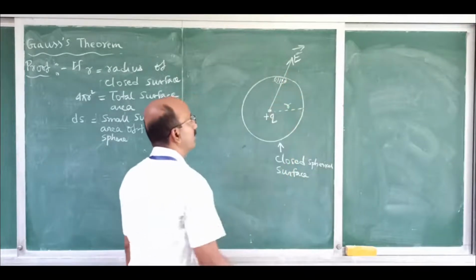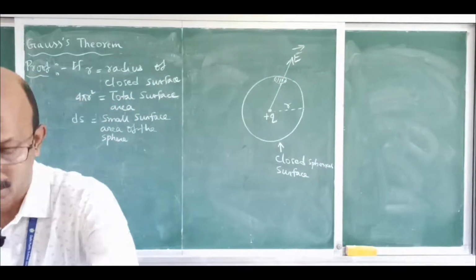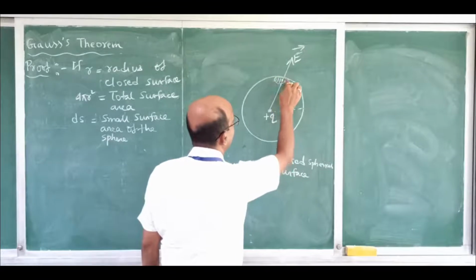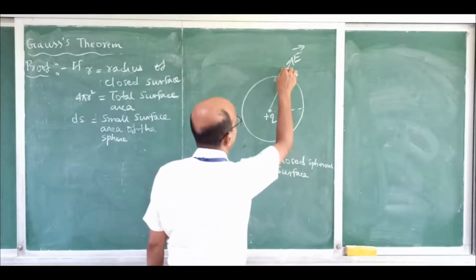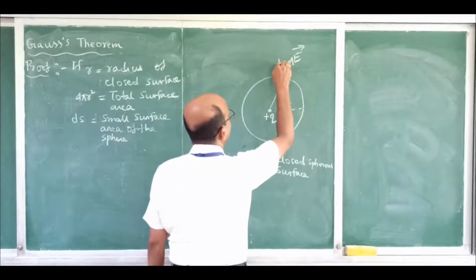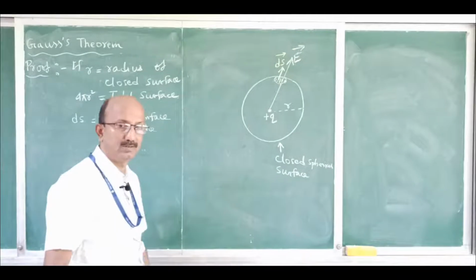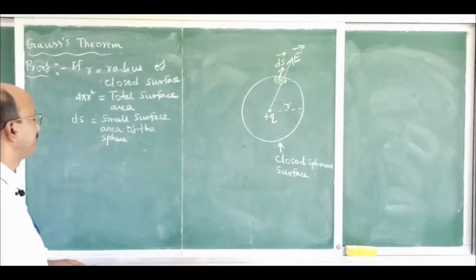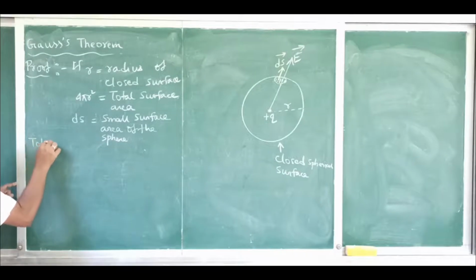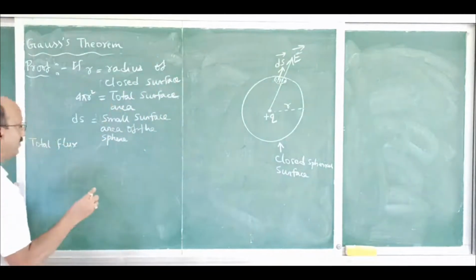Then we find what is the direction of area vector. This small surface has an area ds, and the direction of area vector ds is always perpendicular to the surface ds. So this is the direction of ds. Now, what is the total flux associated with the whole surface?